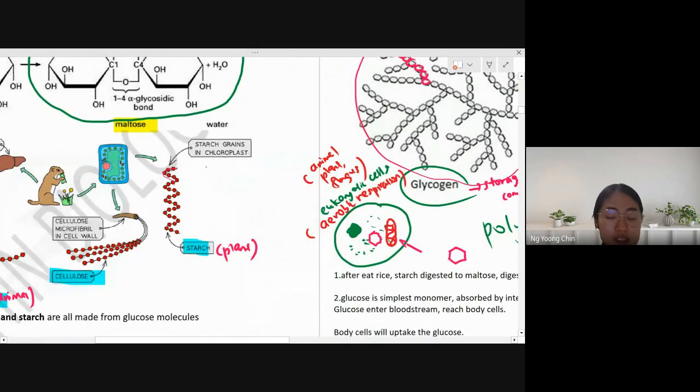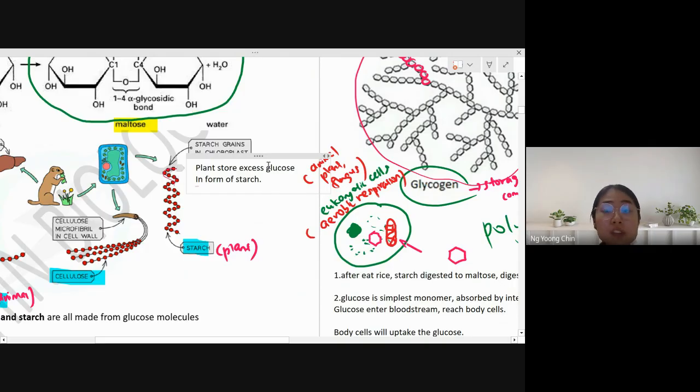For your information, plants store their excess glucose in the form of starch. Plants require nutrient molecules to help them grow also.